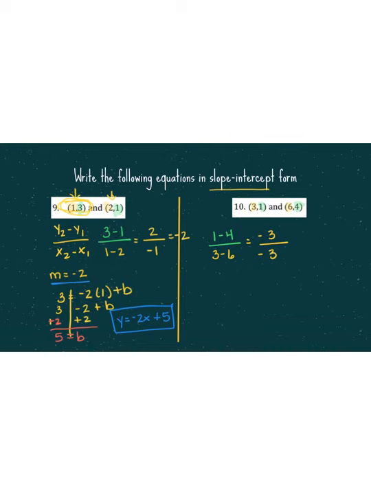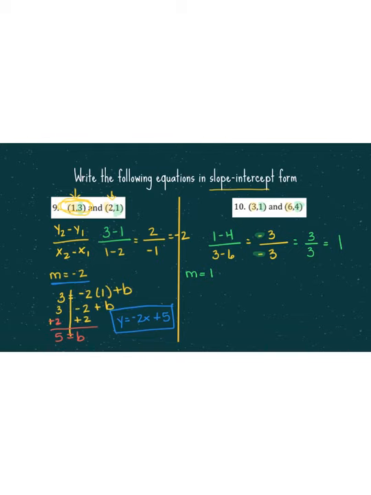Okay, again, if you have a negative here and a negative here, a negative and a negative turn into a positive. So that's going to give you 3 over 3, and 3 divided by 3 is 1. So my m equals 1.